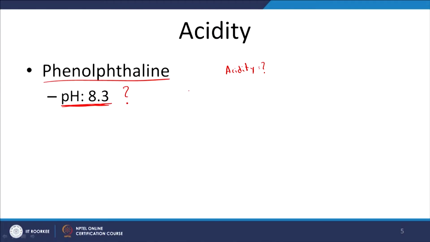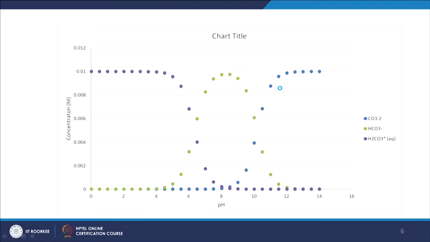Let's look at what it is. Here we are trying to measure strong acids, obviously, and H2CO3. So this is what we are trying to measure. Let's look at the relevant graph and see how we can do that. As you see, this is the profile for H2CO3, this is the profile for HCO3 minus, and this is the profile for CO3 2 minus.